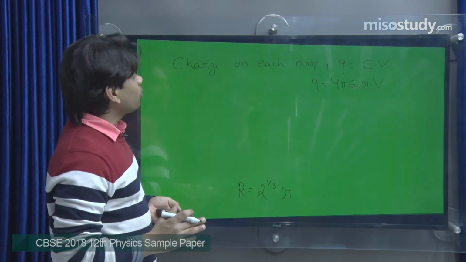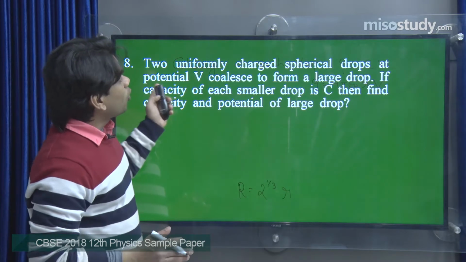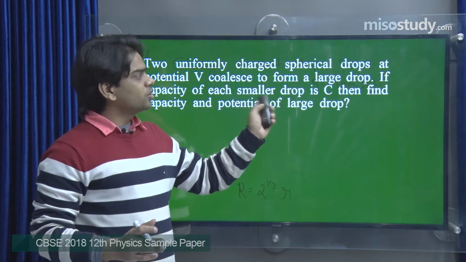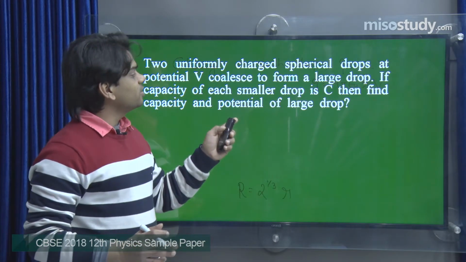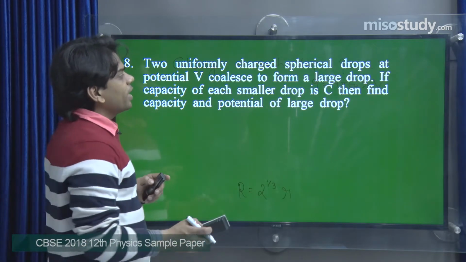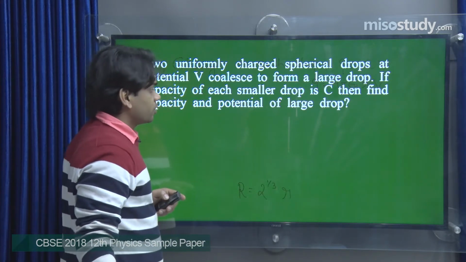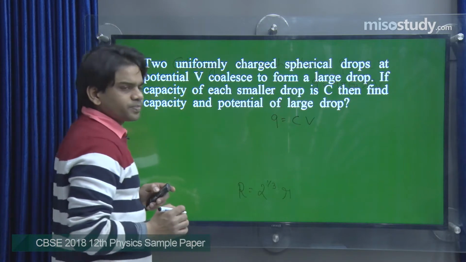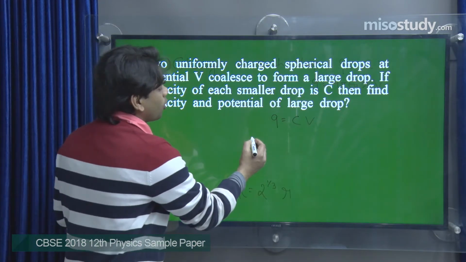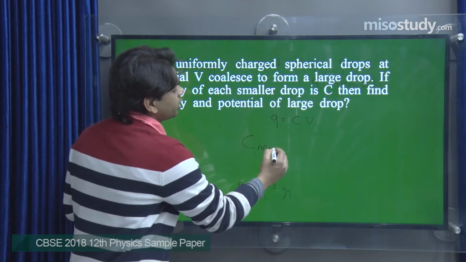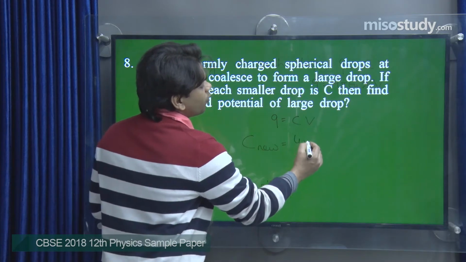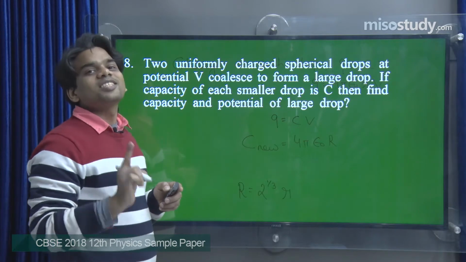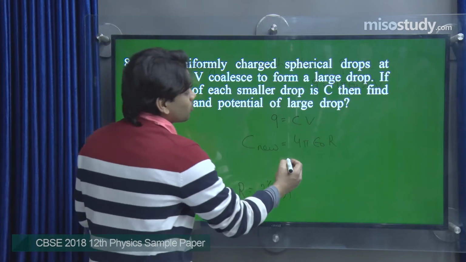Now see what is the requirement of the question. They coalesce to form a large drop, and the capacity of each smaller drop is C. So C we have used here. Then find the capacity and potential of the larger drop. We have to find the capacity of the larger drop. Q is equal to C into V. Capacitance of the larger drop will be what? C of larger, or C dash, which I am marking as 4 pi epsilon naught capital R. Represent this capital R in terms of small r.